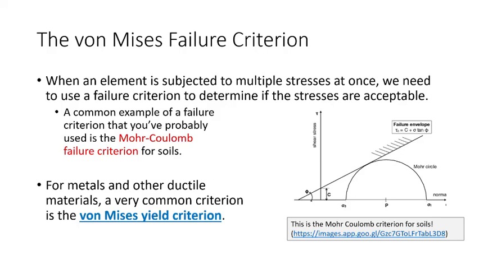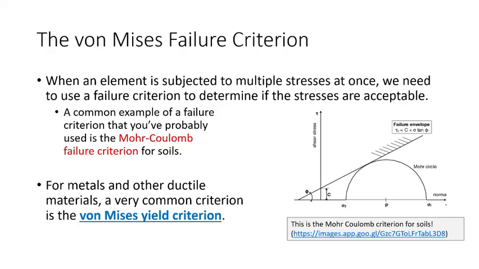does that stress state satisfy failure criteria? Failure criteria becomes a discussion dependent upon the material that you're looking at. For example, one of the most common failure criteria that we as civil engineers use is the Mohr-Coulomb failure criterion, which is appropriate for brittle materials like soils.